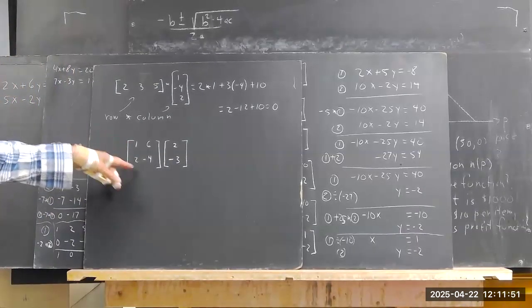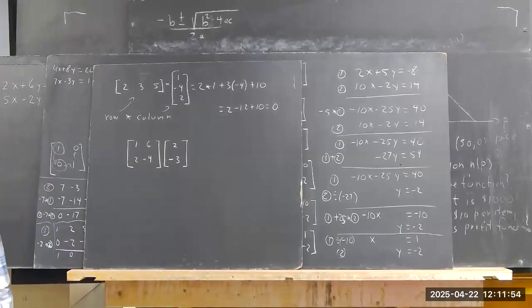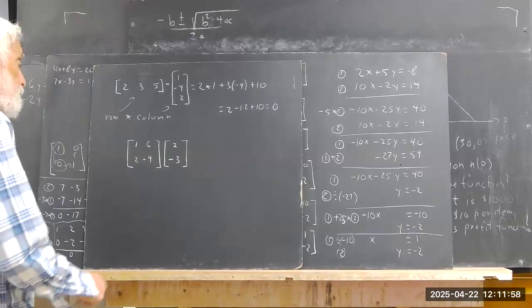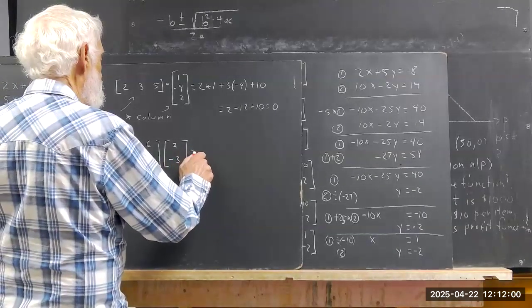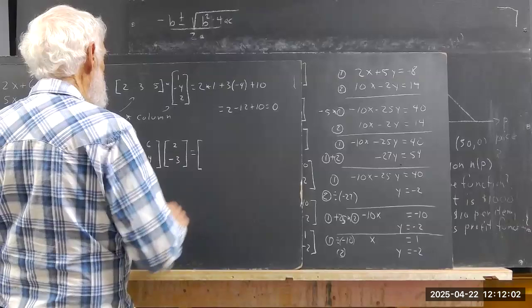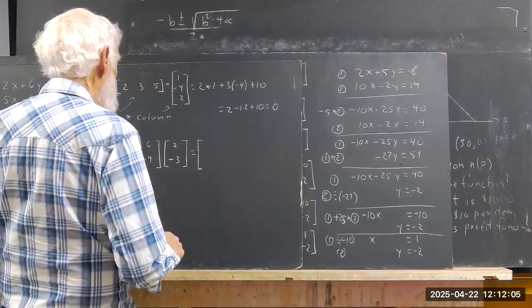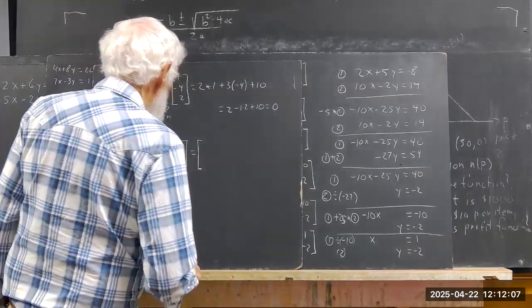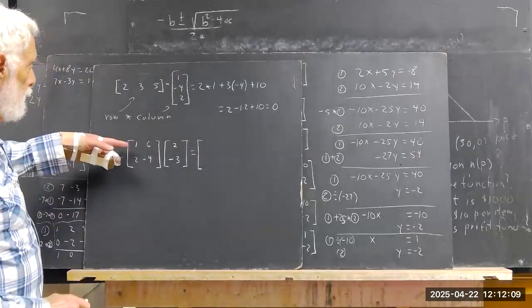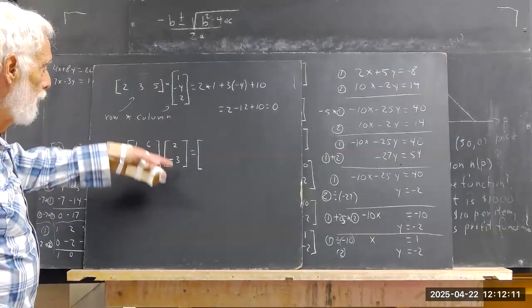Now I've got 2 rows and 1 column, right? Well, I multiply the first row by the column.